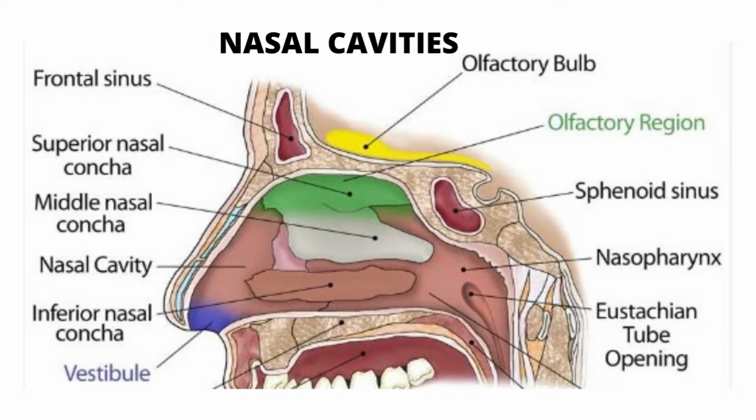Inside the nasal cavity, the mucous membrane is made up of ciliated epithelium, which has tiny hair-like structures called cilia. Each nasal cavity is subdivided into three passageways by the projection of bones from the wall of the internal nose. Our nasal cavity contains three bones, and by these three bones, three passageways are formed.